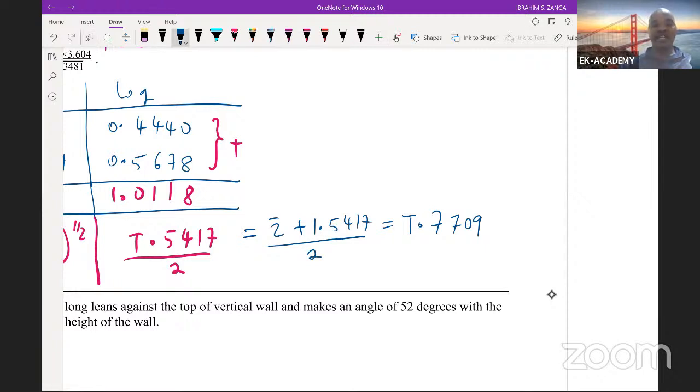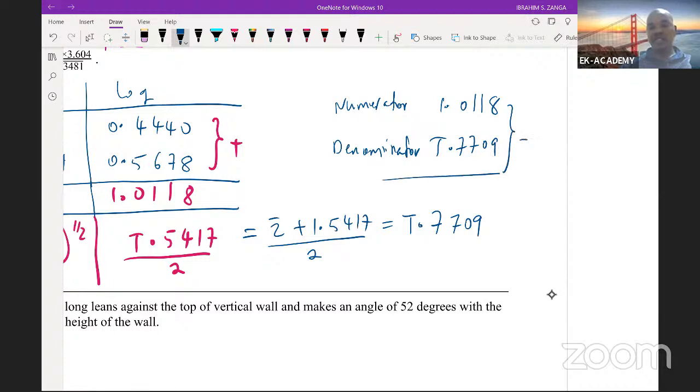You're going to take the numerator, which is 1.0118, and you're going to subtract the denominator, bar 1.7709.